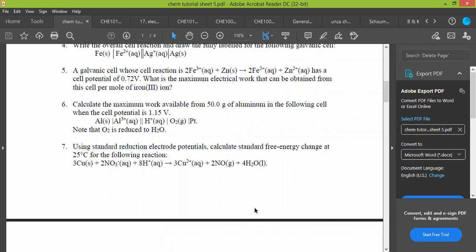So if you have written electrons plus NO3 minus plus H plus to give you NO plus H2O, you can now find the number of electrons being transferred by looking at the oxidation state of nitrogen.